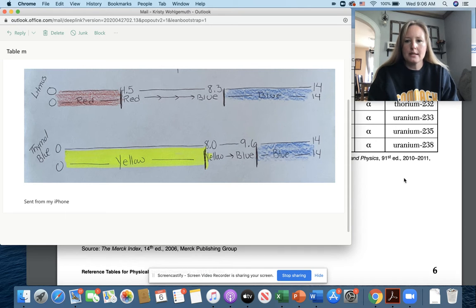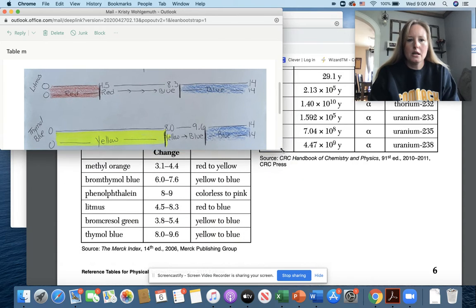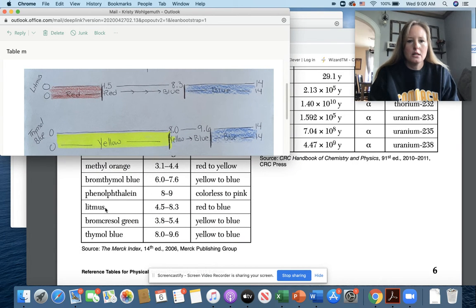For litmus, if I take a look at the indicator table, on table M right here, litmus from 4.5 to 8.3, we're going to get a color change of red to blue.